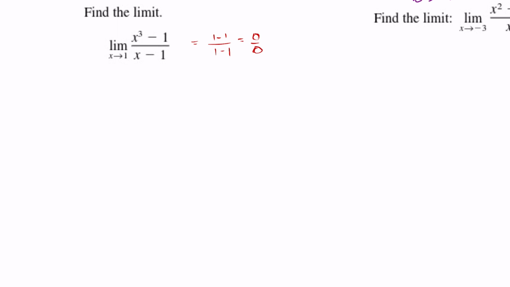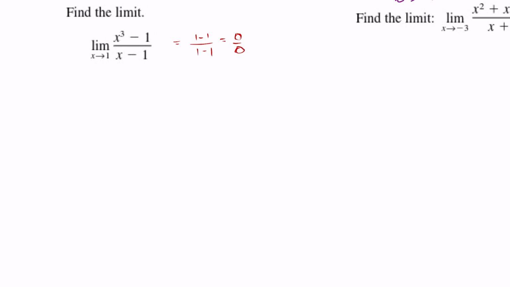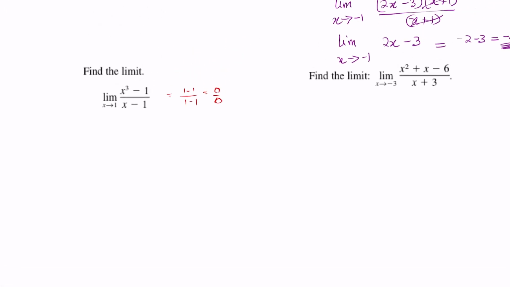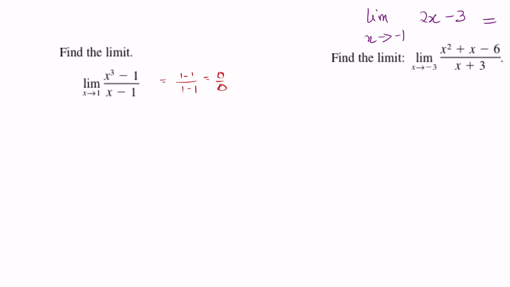So we said you need to factorize. So we apply the method of factorization to factorize our numerator before we apply direct substitution. To do that, this gives us the limit as x approaches 1 of x minus 1 times x squared plus x plus 1 divided by x minus 1.